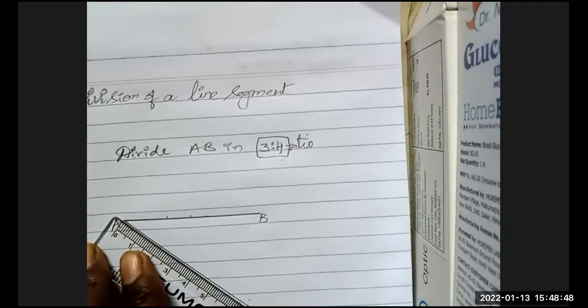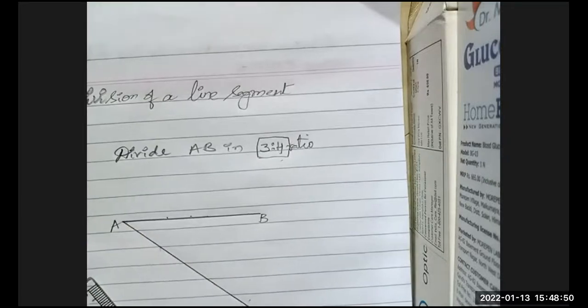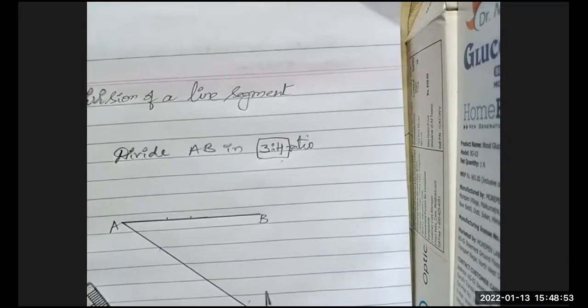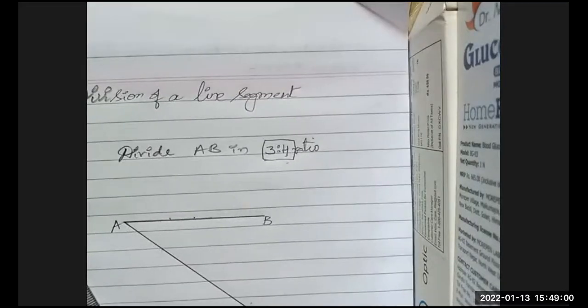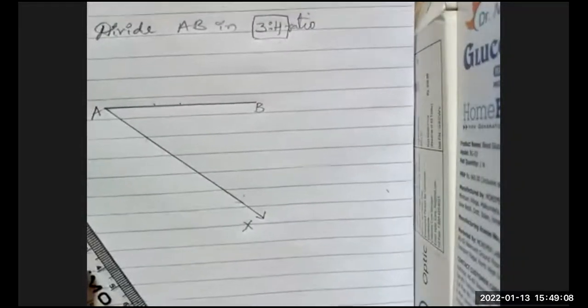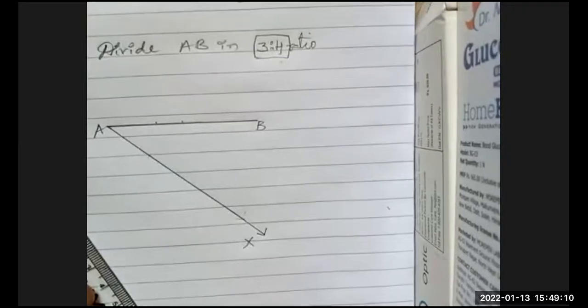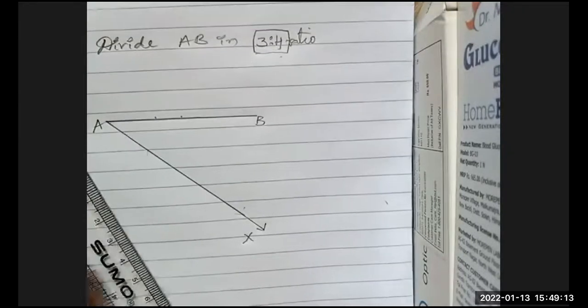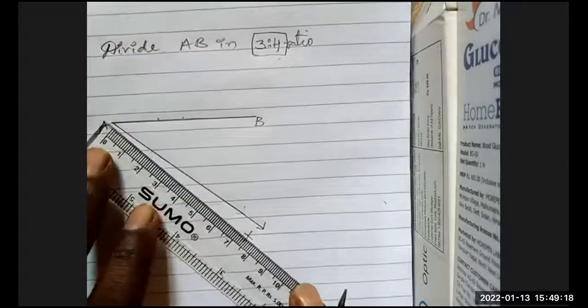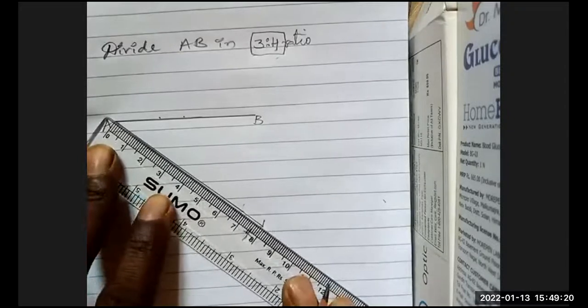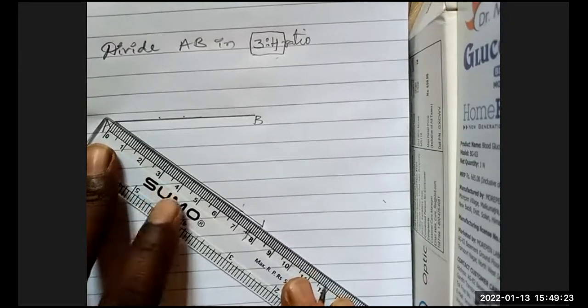Okay, so on this ray AX, here I'm going to make 7 equal parts. You can make 7 half centimeters, or you can also take 7 full centimeters.